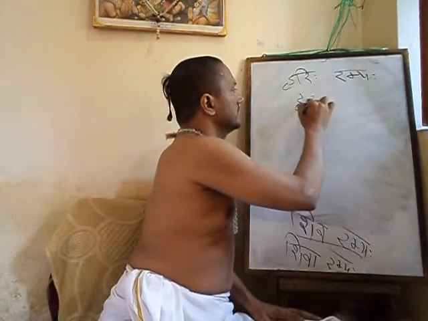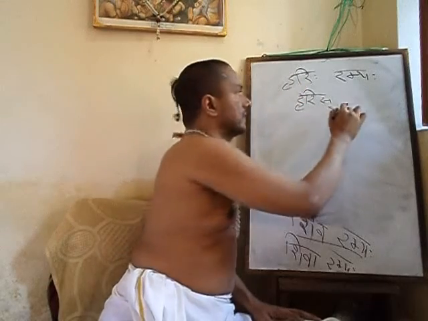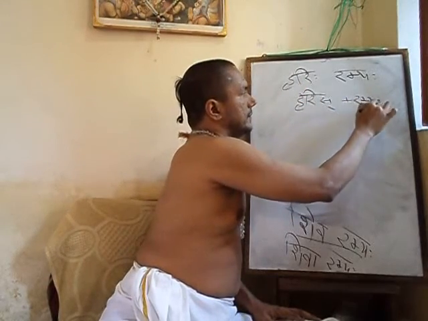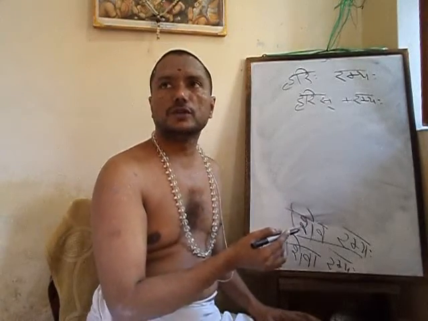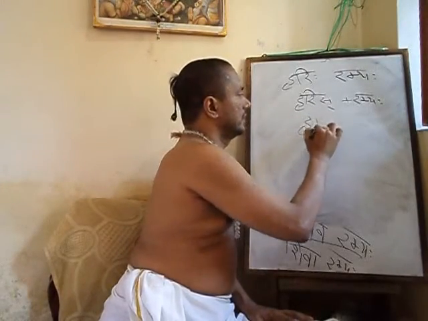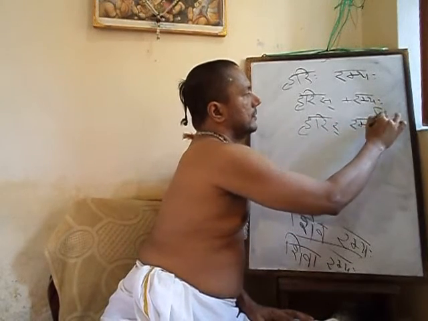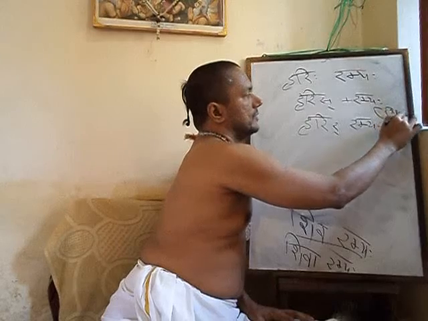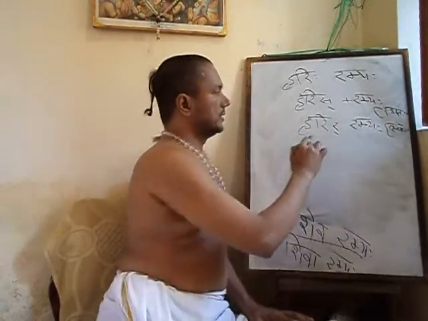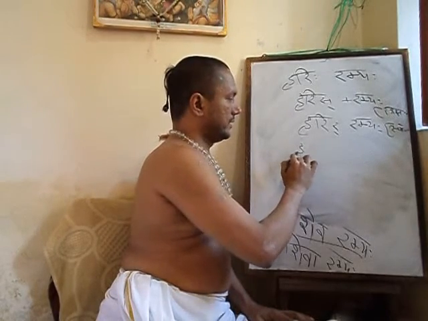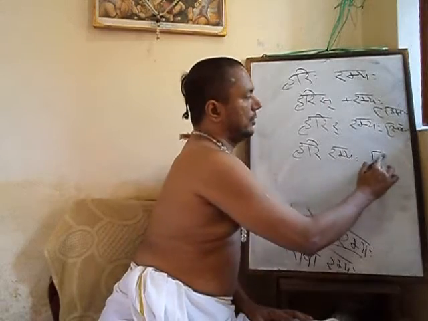Harihi Ramyaha becomes Haris, Visarjaniyasya Saha, Ramyaha. Then Sasujjo Ruhu. Harir Ramyaha. Visarjaniyasya Saha, Sasujjo Ruhu. Then now here Hari Ramyaha. Rory.